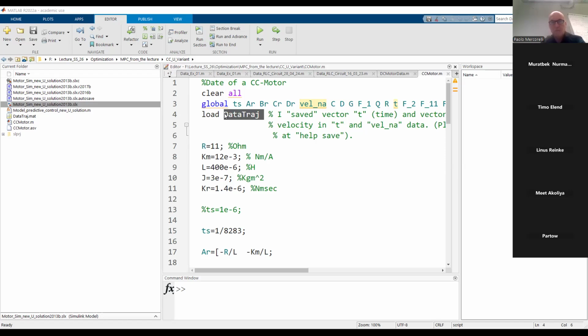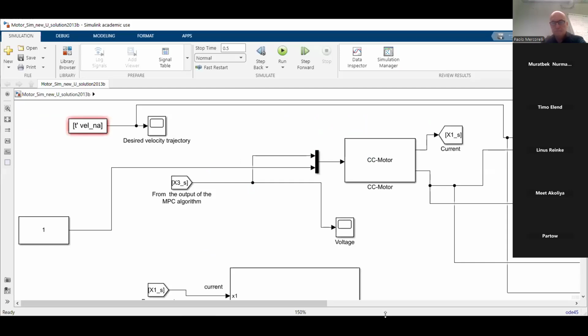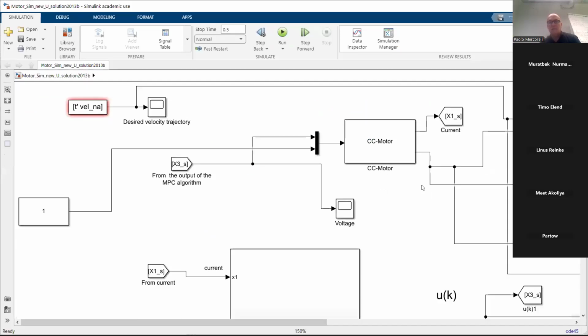Let me share. I forgot to run. Let me run the data. I'm so stupid. 1 second. Let me share. I already share. Yeah, we can see in this block here, we have a vector characterized by the time.